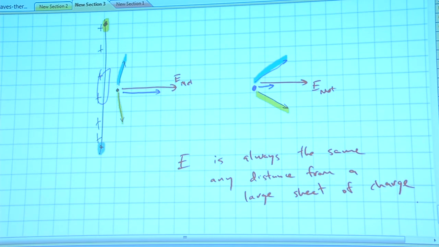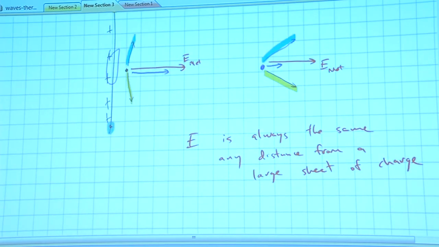Question, Gabe? Typically we're interested in the electric field at a single point. We draw one of our Gaussian surfaces at that point, and we draw our Gaussian surface in such a way that E is constant over that whole surface.